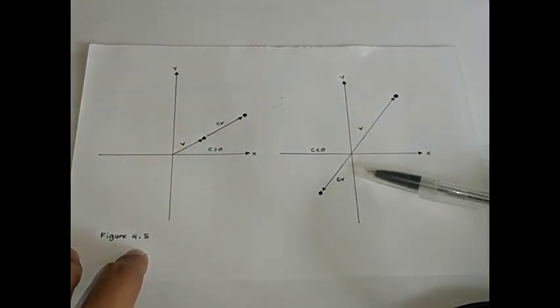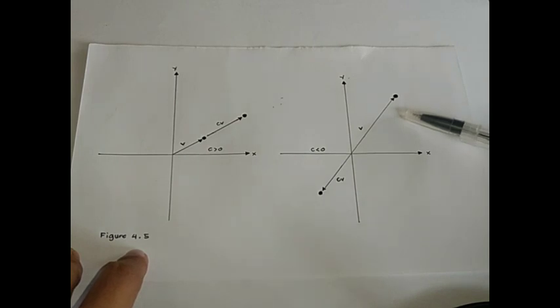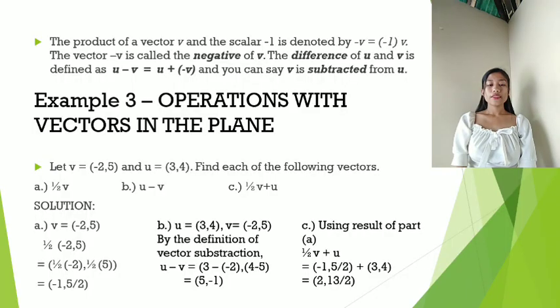And kapag naman ang scalar c is negative or less than 0, the cv and v will have opposite direction. The product of a vector v and the scalar negative 1 is denoted by negative v, which is equal to negative 1 times v. The negative v is called the negative of v.